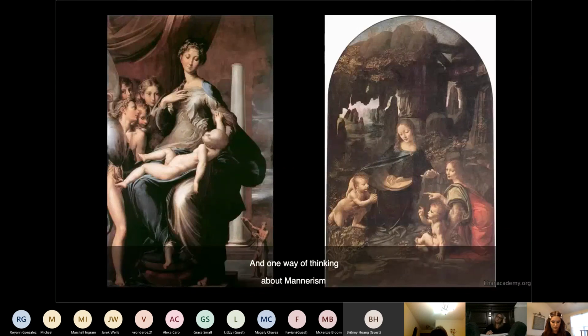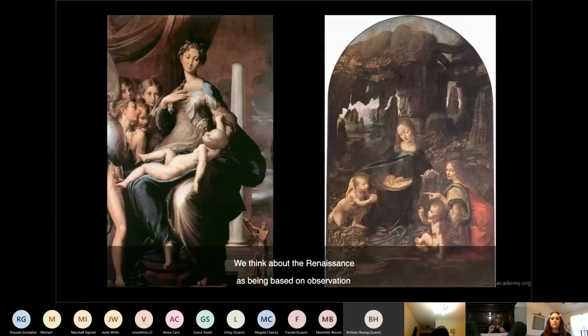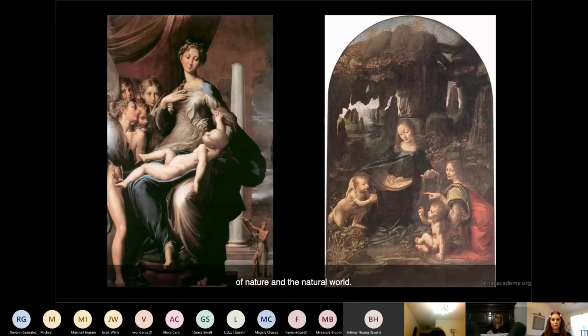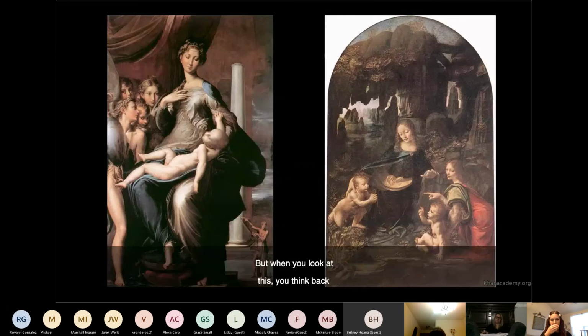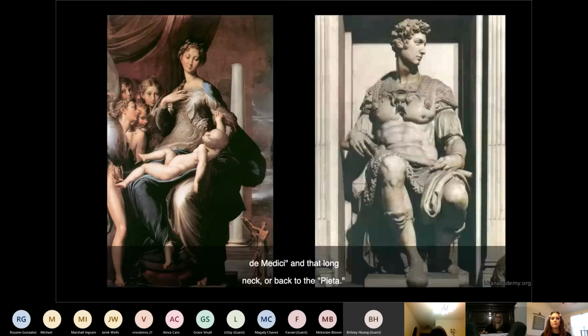And one way of thinking about mannerism is to think about it as art taken from art instead of art from nature. You know, we think about the Renaissance as being based on observation of nature and the natural world. But when you look at this, you think back to works of art like Michelangelo's Giuliano de' Medici and that long neck, or back to the Pietà.